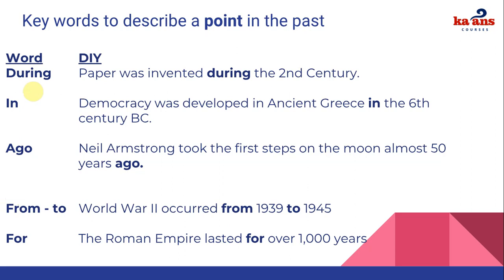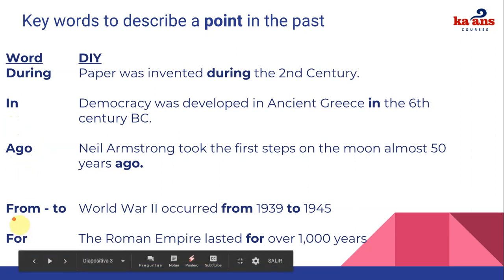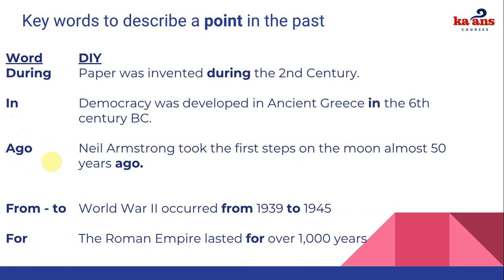As you can see, we have five examples: number one, during, number two, in, number three, ago, number four, from, to, and number five, for. So all of them refer to time, and we're all talking about time in the past. Because we're talking about the time in the past, we're going to be using information from the past.